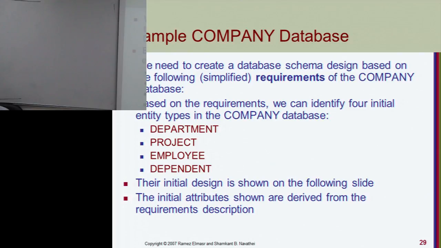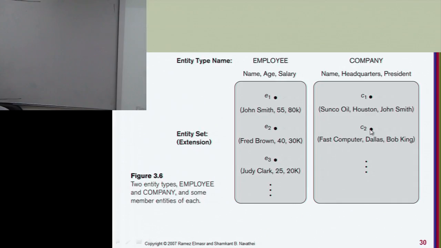Now let us move to another example of a type, the employee type and the company type. The employee has name, age and salary. The company has name, headquarters and president. And here we have two companies, so this is the company set, or the entity set for company. This is the employee set, or the entity set for employees.